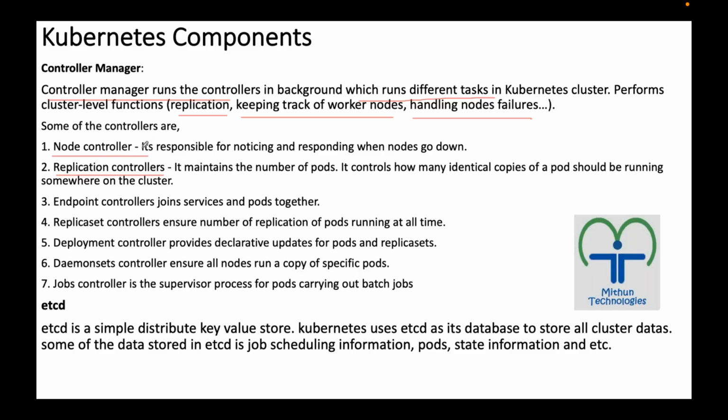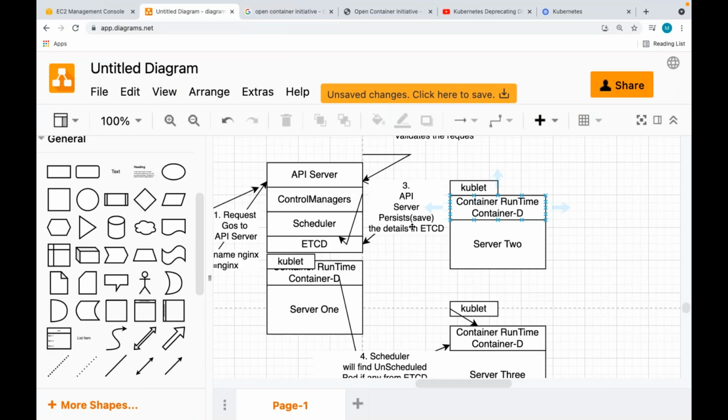So what does the node controller do? It is responsible for noticing and responding when a node goes down. Suppose one of the nodes goes down, there will be a node controller manager. What does that node controller manager do? It is going to take some action. What action does it take if that node goes down?